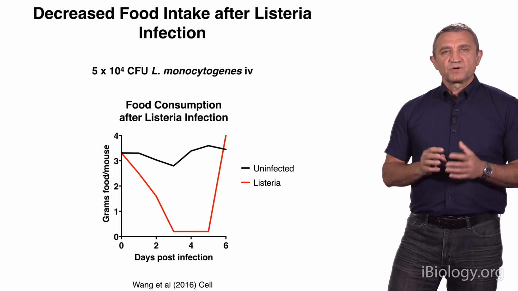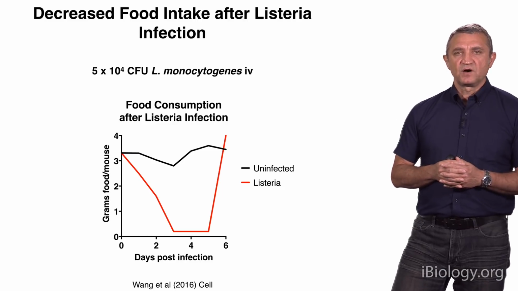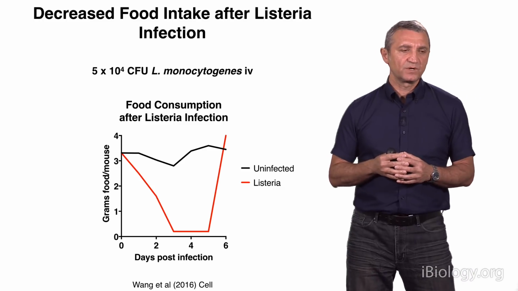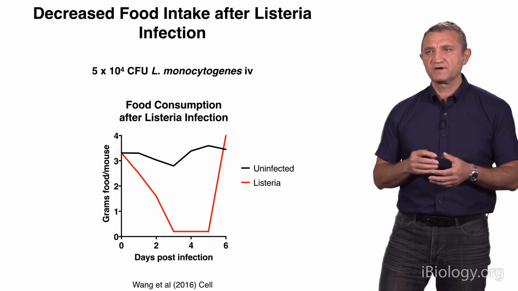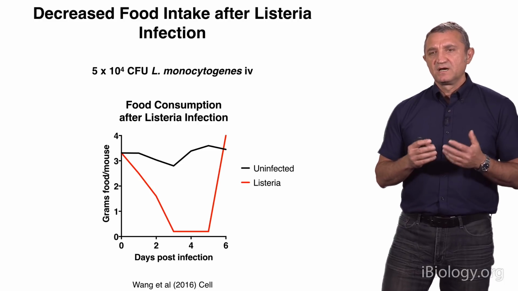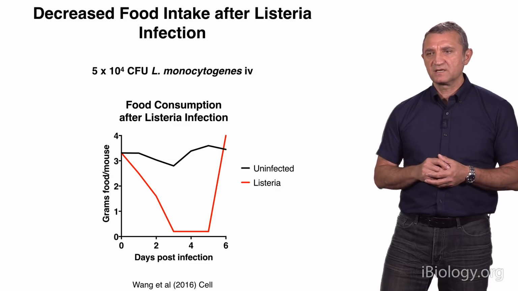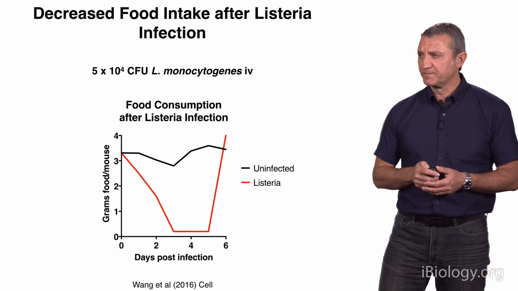We were particularly interested in understanding the phenomenon of disease-induced anorexia. We're all familiar with this phenomenon. When you have an acute infection, like flu or a severe cold, your appetite goes away, you don't want to eat, you want to sleep a lot, and we asked why we don't eat when we are very sick.